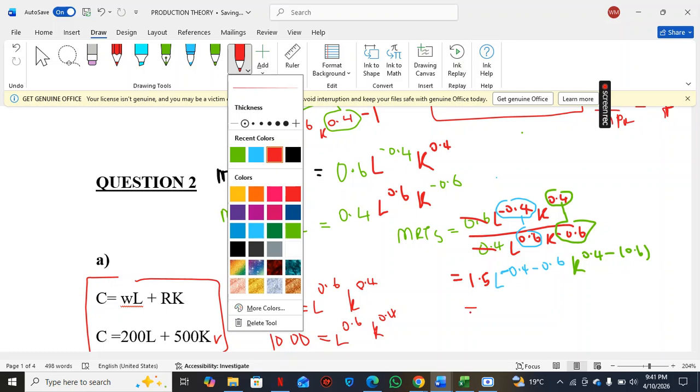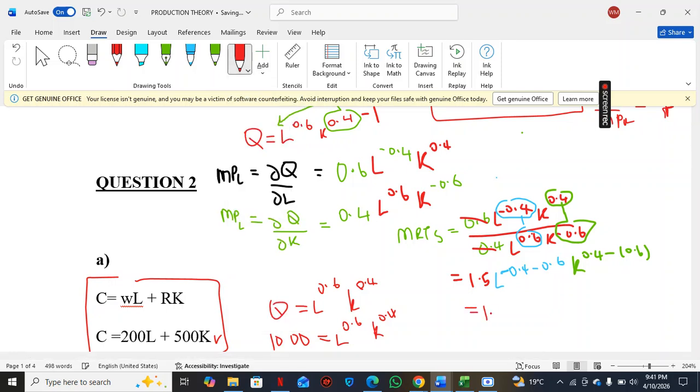Okay, so we simplify this 1.5 here. Negative 0.4 minus 0.6, that is negative 1, L to the power negative 1. And for K, 0.4 minus negative 0.6, you get positive 1.